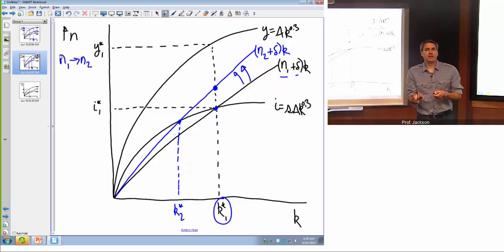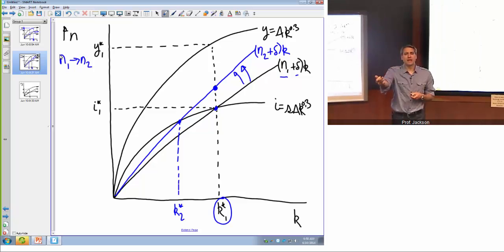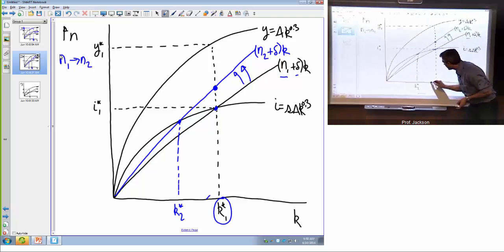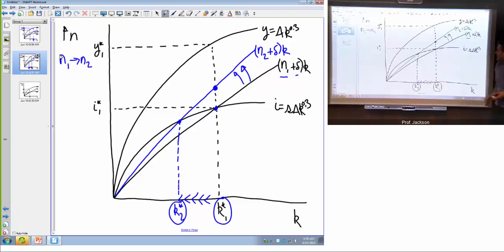So net investment in capital goes down, and the capital stock is going to fall. As it falls, we gradually move along until we end up at the new steady state level of capital, K2 star.